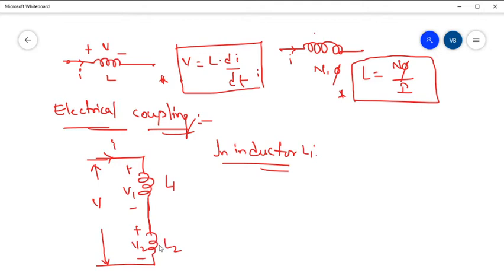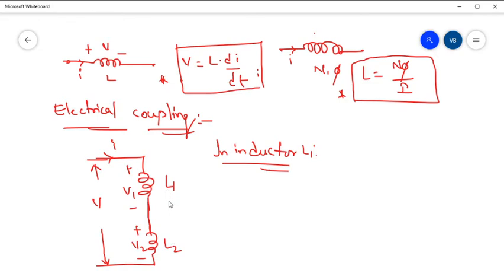That is called the mutual inductance in inductor L2 due to inductor L1. In the same way, inductor L2 also generates some voltage that influences inductor L1 and generates the mutual inductance in L1. So in L1 we have the self-inductance by L1 and the mutual inductance by L2. In the same way, in L2 we have the self-inductance by L2 as well as the mutual inductance by inductor L1.